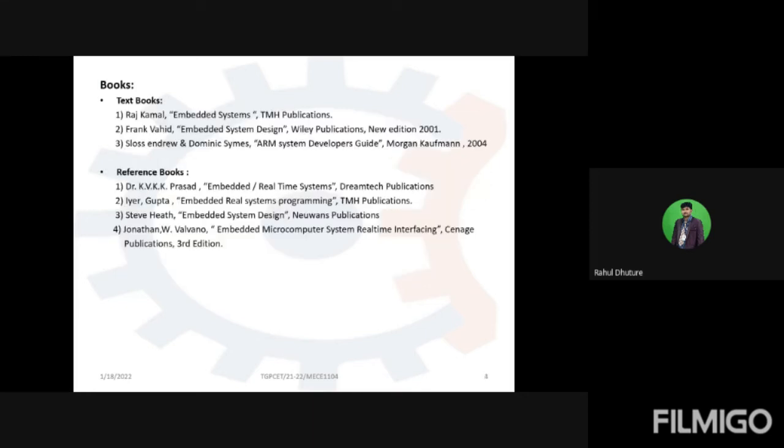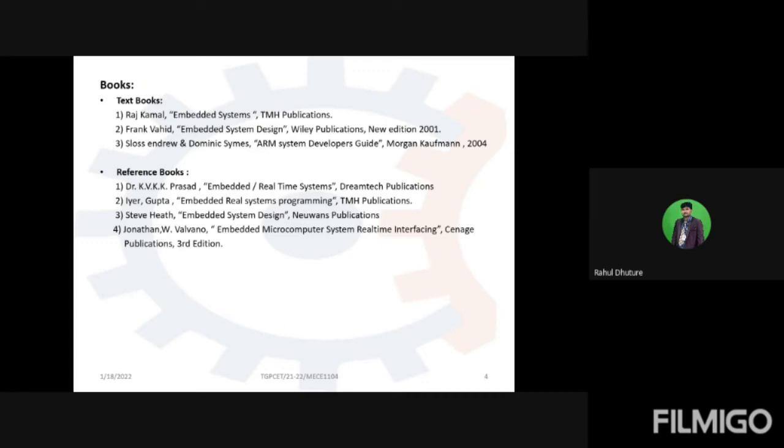So these are the reference books. You can refer to this textbook as well as the reference books. The Raj Kamal is a very important book, very helpful for studying embedded systems, because our library has the maximum number of copies available. You can issue these books, or purchase them from the market.